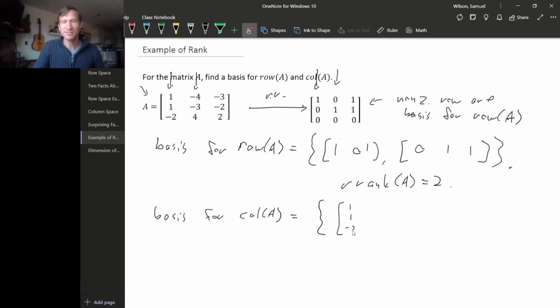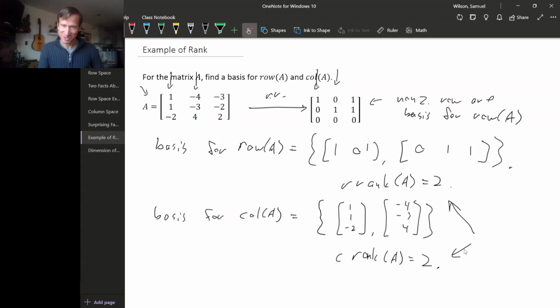So 1, 1, minus 2, and minus 4, minus 3, 4. So here's a basis for the column space. And of course, this shows us that the column rank of the original is 2. And these are equal, as we knew was going to happen because we just proved it.